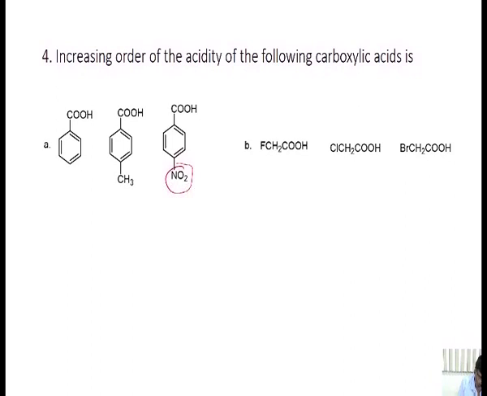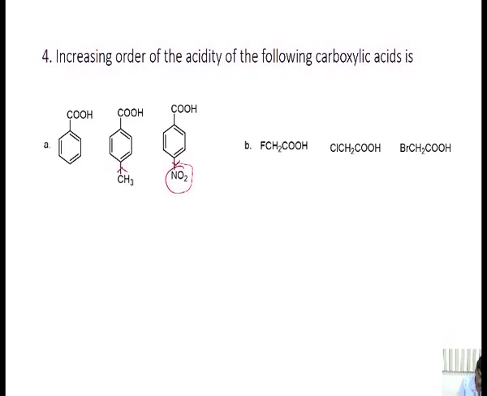As we have seen earlier, the methyl group can give electron to the aromatic system. In other words, it can reduce the acidity of this carboxylic acid. On the other hand, nitro group can pull electron from the system due to electron withdrawing nature of the nitro group.